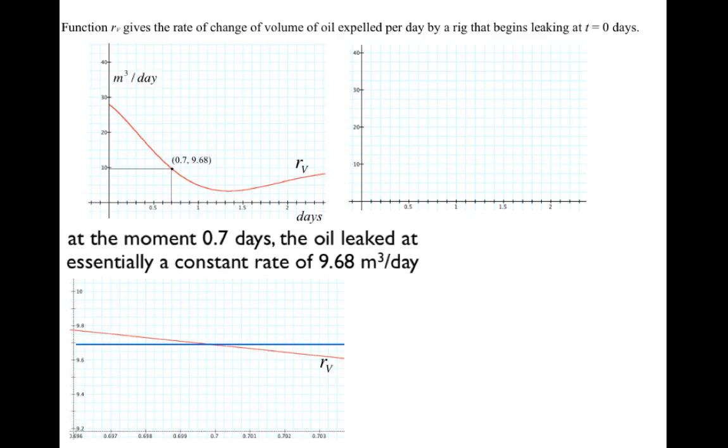So at this point, 0.7, 9.68, we want to conceive that in a very small moment, we have a constant rate of change of 9.68. Does that make sense? A constant rate of change would be a horizontal graph, but only in a very small moment of time.